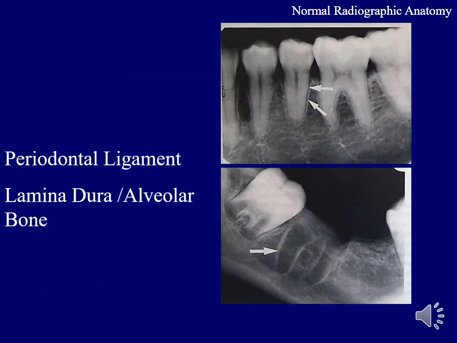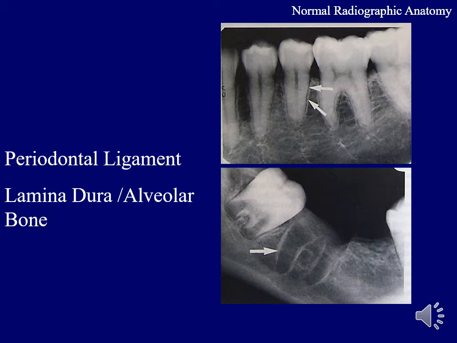Coming down to the supporting structures around the tooth, the tooth is surrounded by a radio-opaque layer of dense bone. We call it the lamina dura. As seen on the image with white arrows, this lamina dura, which is surrounding the root surface, is usually in continuation with the crest of the alveolar bone.